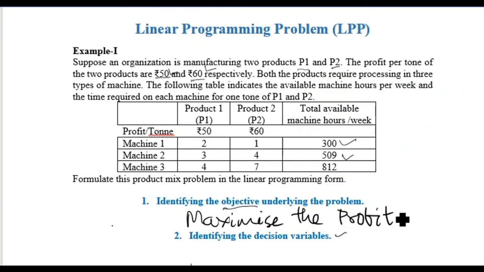For product 1 and product 2, so for P1 the decision variable would be x1, and x2 for P2. What are x1 and x2? That is the number of units, how many units have to be produced.